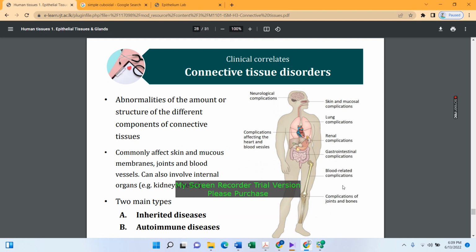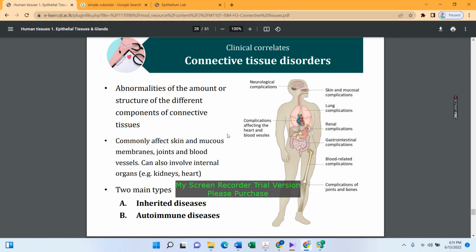So there are several connective tissue disorders, which are abnormalities of the amount or structure of the different components of connective tissues. They commonly affect the skin and mucous membranes, joints and blood vessels, and can also involve internal organs.